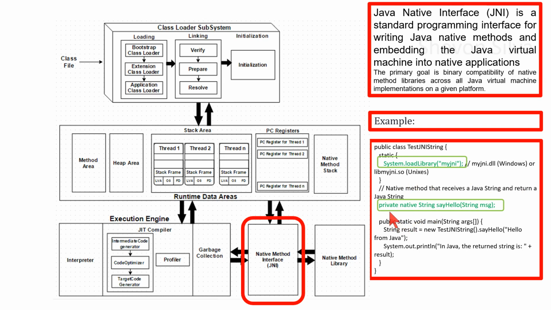And here this JNI program declares a native method sayHello that receives a Java string and returns a Java string, and here the main method invokes sayHello.